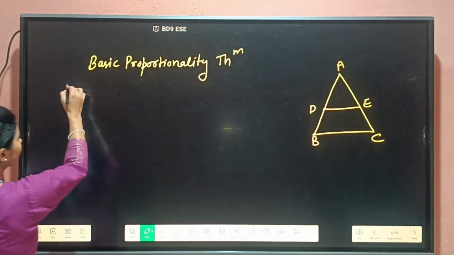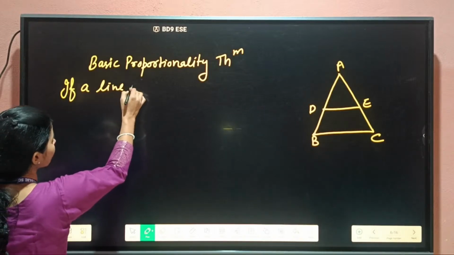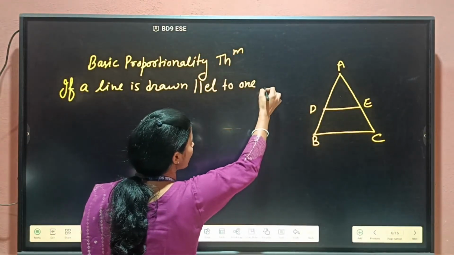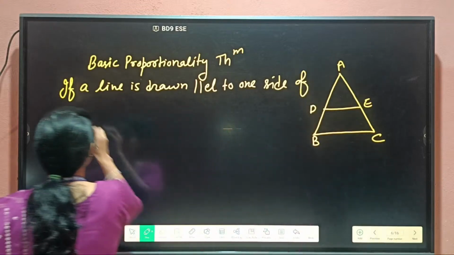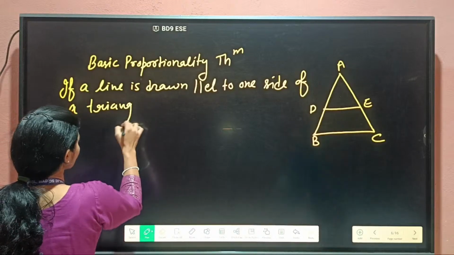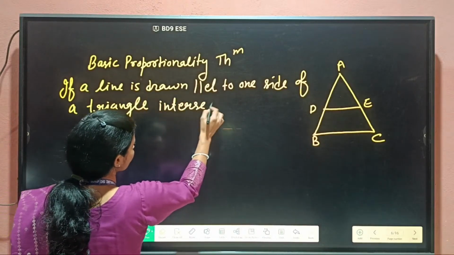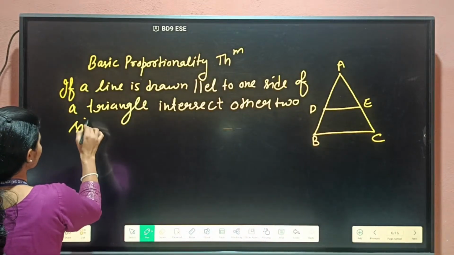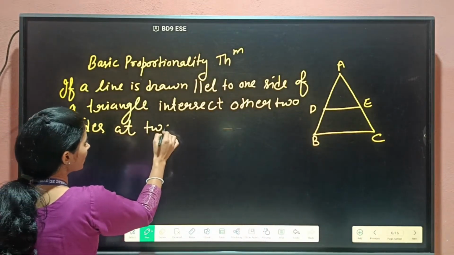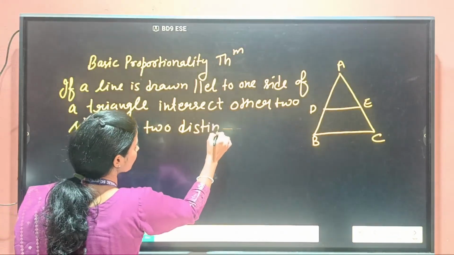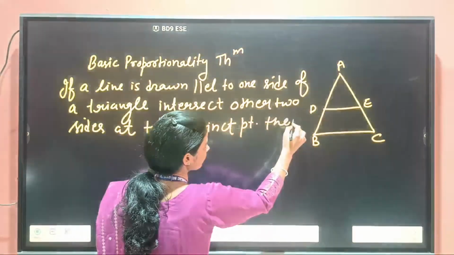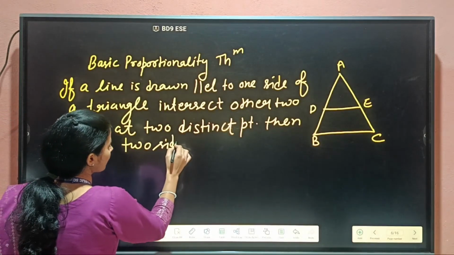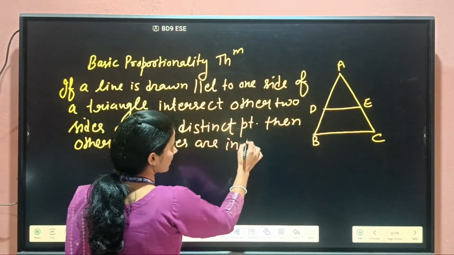If a line is drawn parallel to one side of a triangle intersecting other two sides at two distinct points, then other two sides are in the same ratio.